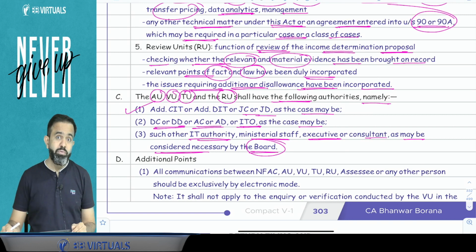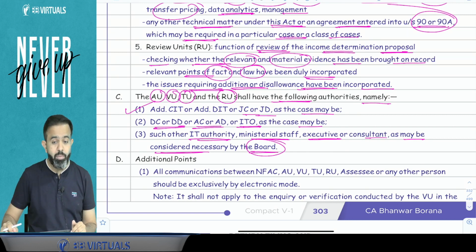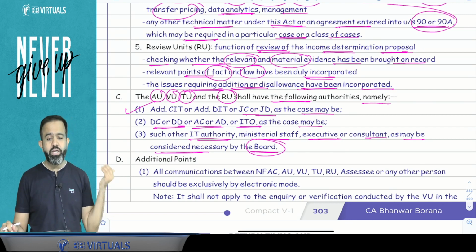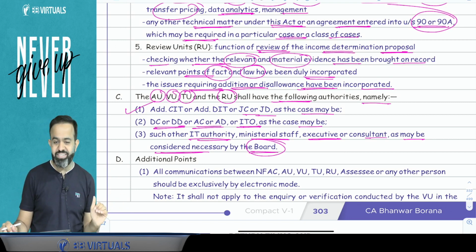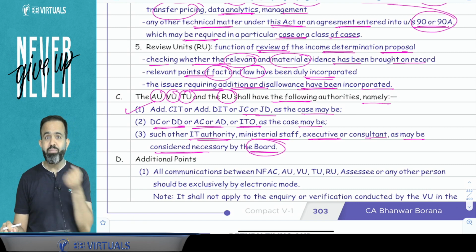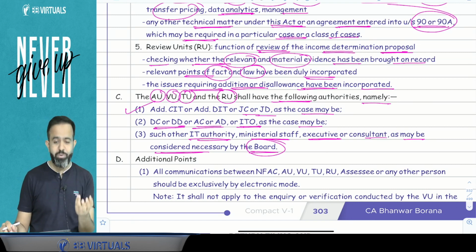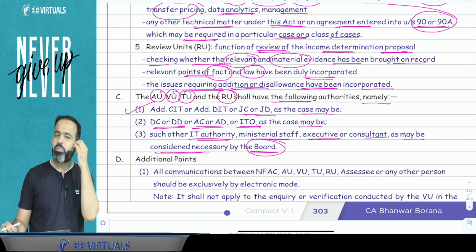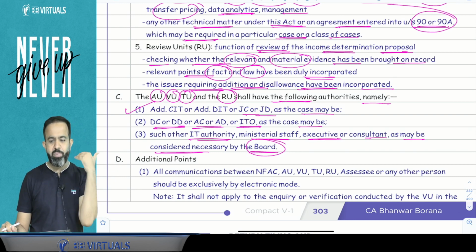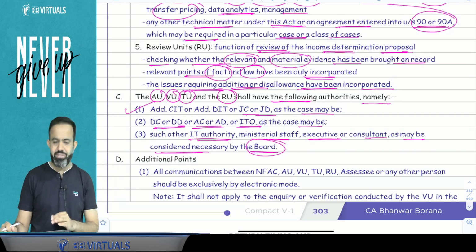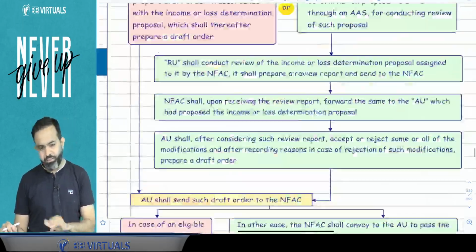So suppose the Board feels it is necessary, then they may appoint some other IT authority also in these units. For example, after some time CBDT realizes that we need a chartered accountant also in the unit, then they may appoint a chartered accountant also, or any such IT authority, ministerial staff, executive or consultant as may be necessary for conducting the assessment.